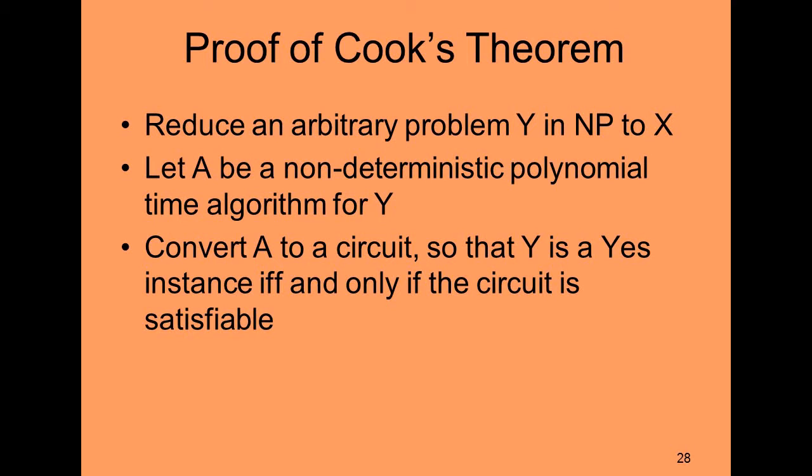Now it was also proved by Cook that the first NP complete problem is the SAT problem. So there are two ways to show the NP completeness of any problem. We have already discussed that in an earlier slide. The first way is to check whether all the NP problems are reducible to the given problem.